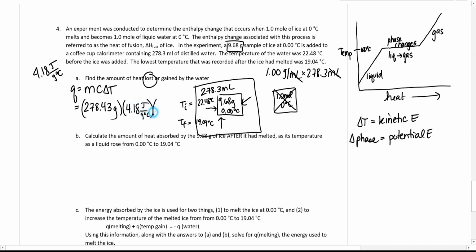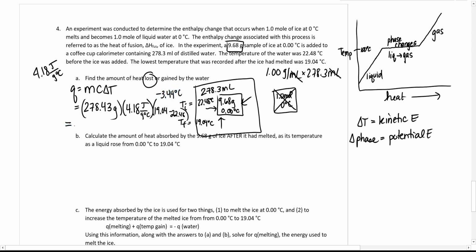And then the temperature change is final minus initial, so 19.04 minus 22.48. If we plug that in my calculator, we can see the temperature change is negative 3.44.